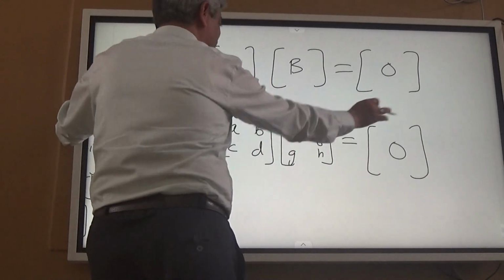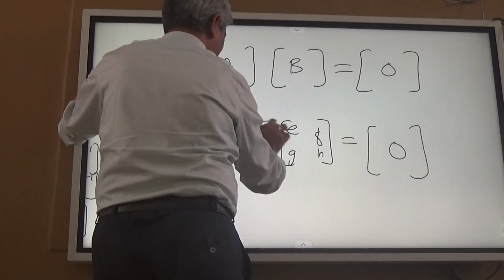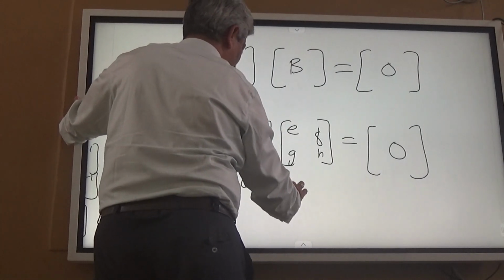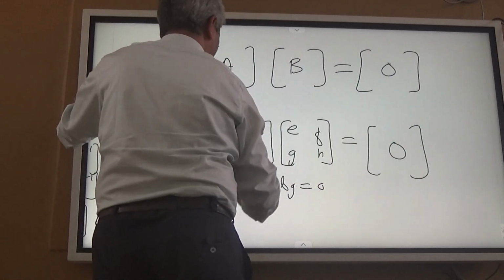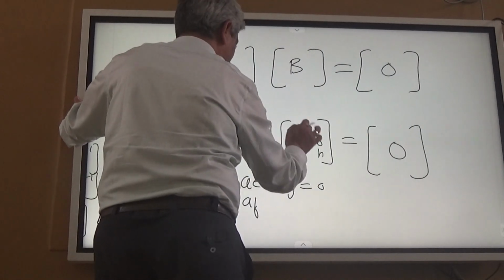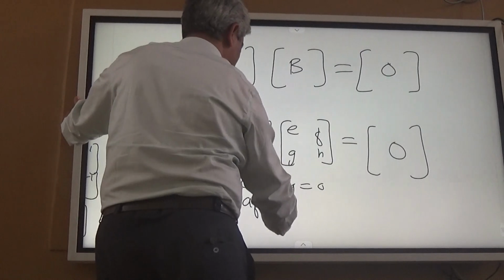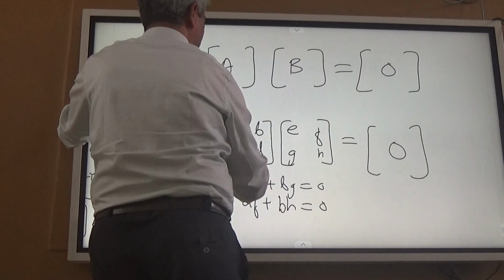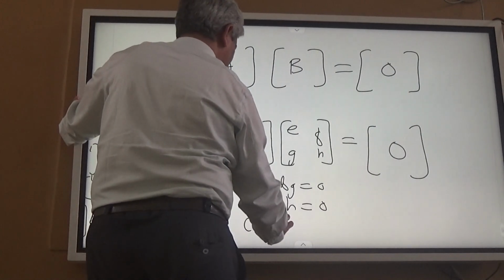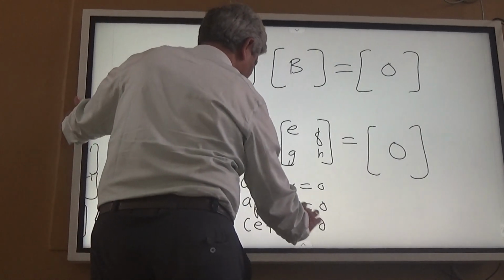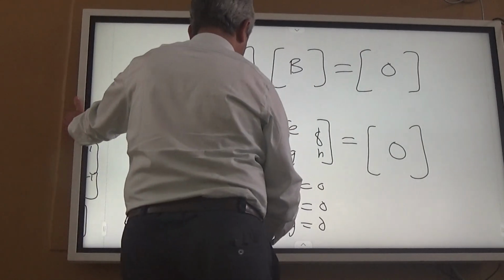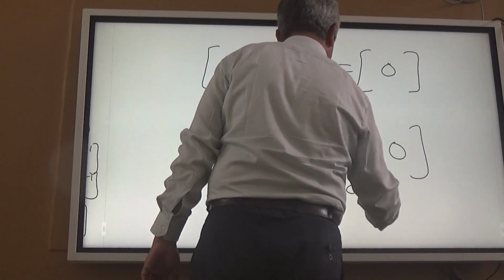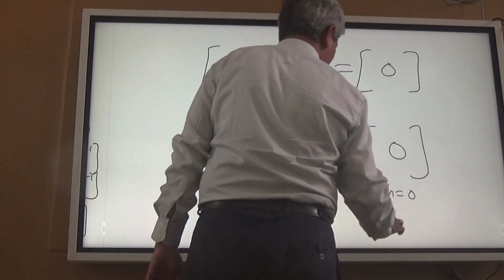Right? So what is this one? What is this? AE plus BG equal to 0. AF plus BH equal to 0. Then CE plus DG equal to 0 and CF plus DH equal to 0.